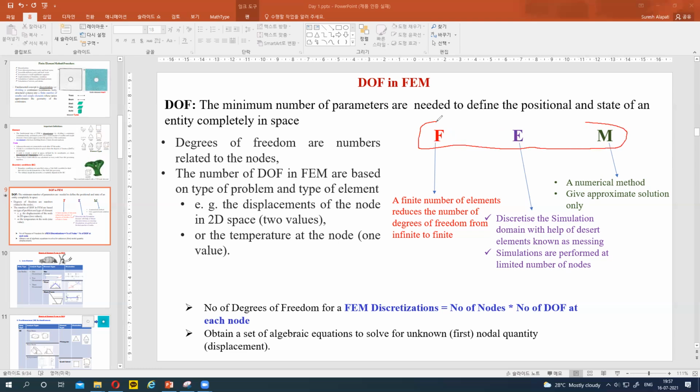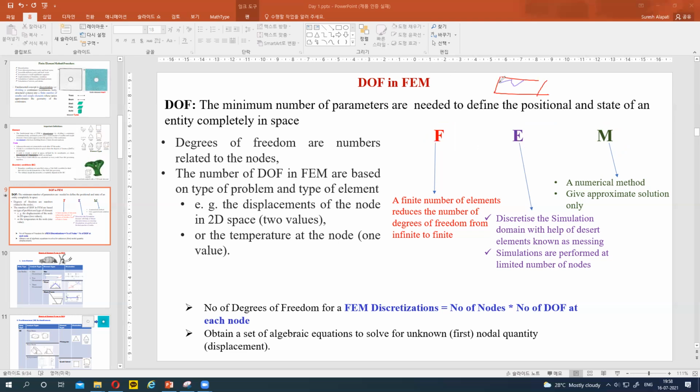We divide a space into a finite number of elements, and we use a numerical method to solve for displacement, or temperature, or fluid velocity, or anything, at each node of an element, at each node of the division. Like this, we are dividing this into a number of elements.